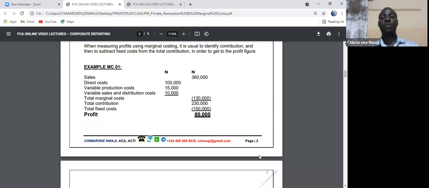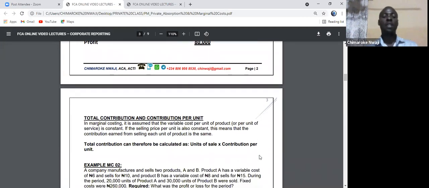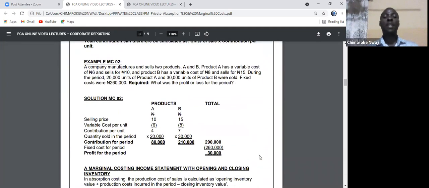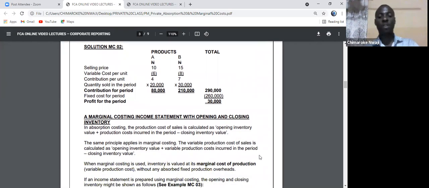And then we remove the fixed cost to get a profit. That's one way, in total terms. Now in MCO2, we were given per unit terms, and we got our contribution per unit, then multiplied by the volume of each product to get our total contribution, and we less the fixed cost from it to get a profit for the period. So just note these two things.